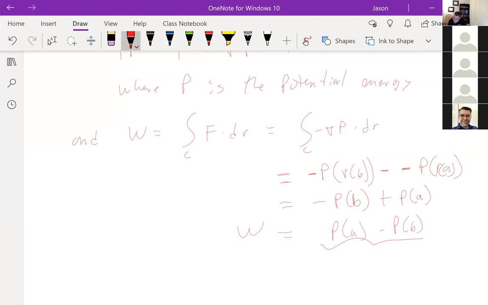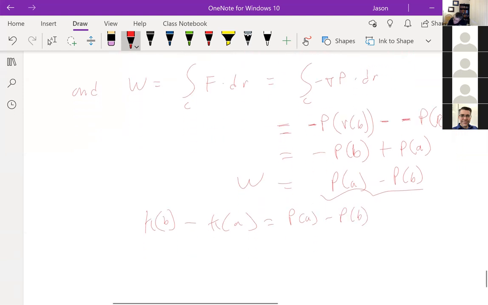Since I just ended up with this equal to the exact same thing, I could set them equal to each other. So we had kB minus kA, these are lowercase, is equal to PA minus PB.